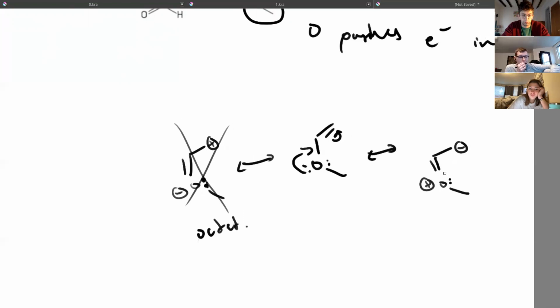So would that mean that oxygen is an electrophilic atom? Well, I don't know.